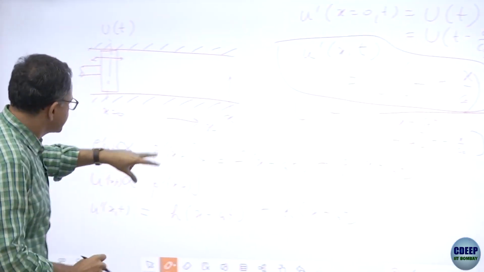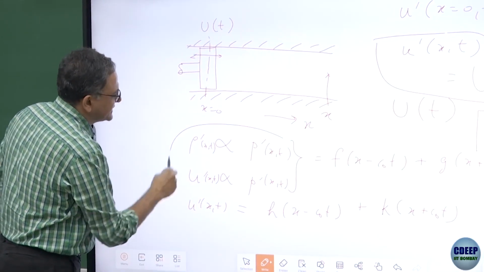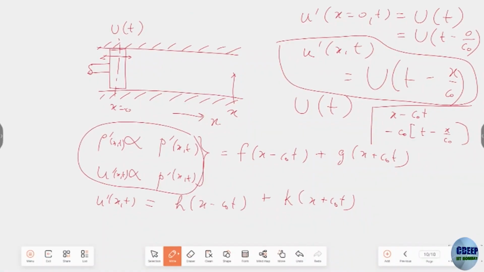Okay, so I'm going to just now justify these two parts and then close today. The first part is very trivial. We derived that rho prime equals 1 by C naught square P prime.